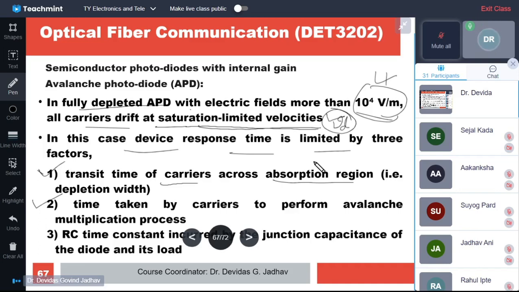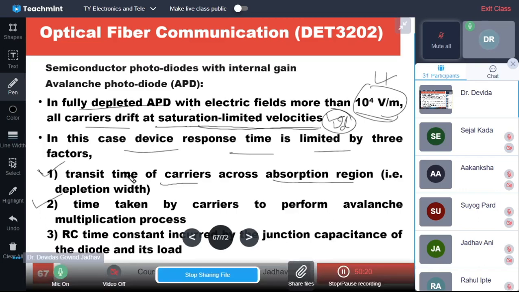In a side illuminated device, the absorption region is very wide as compared to a front illuminated one. So transit time of the carrier across the absorption region puts the limit on the response time.